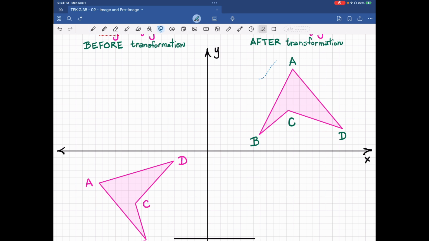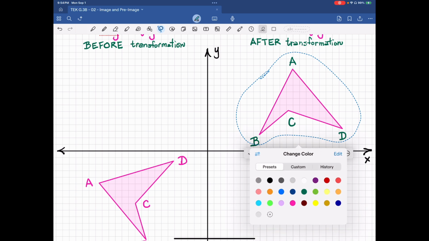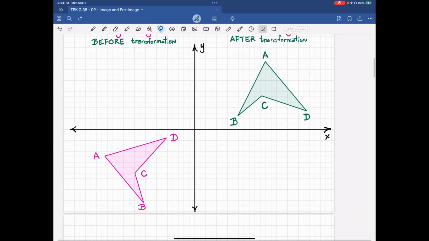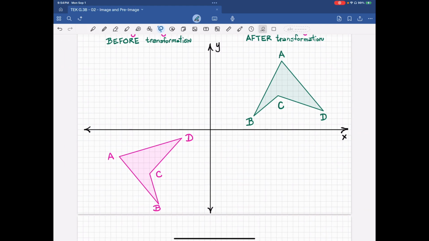And then I will change the color to green so that we will see the image and the pre-image. So right here, the pink is our pre-image.